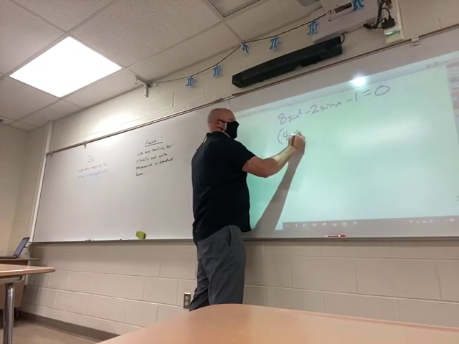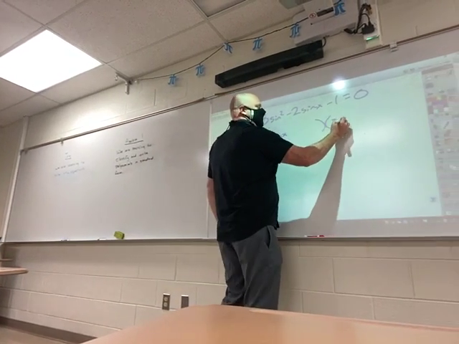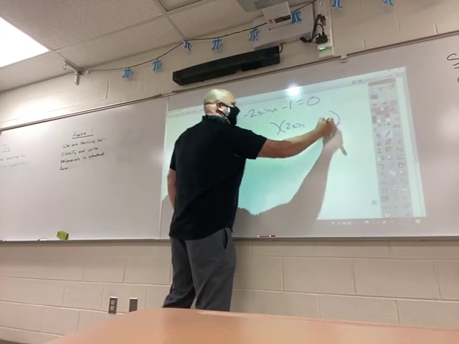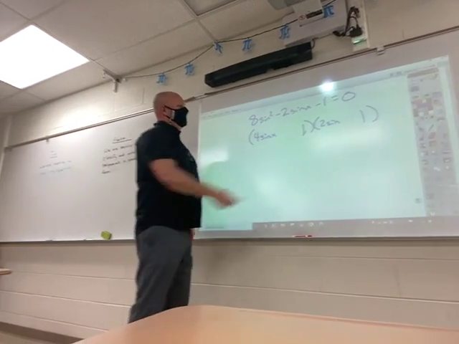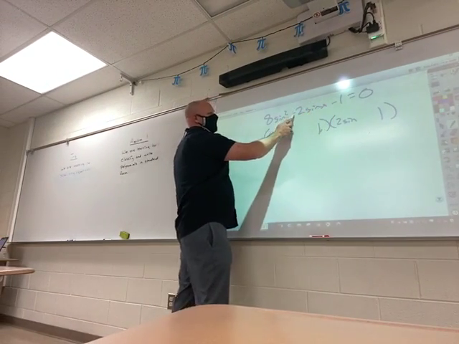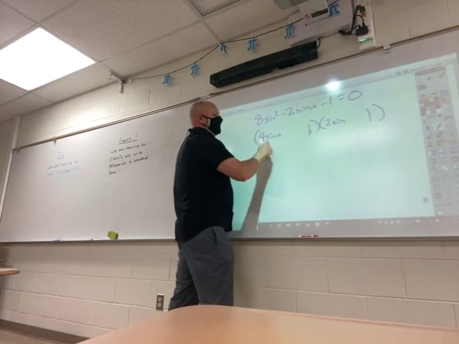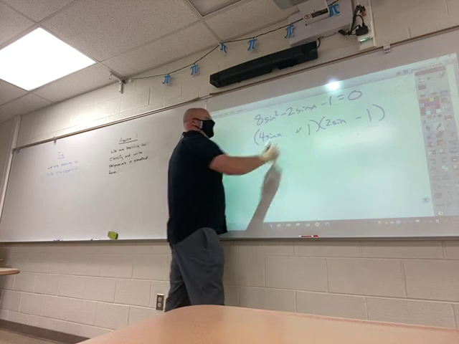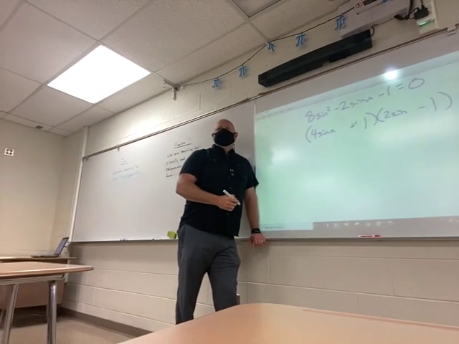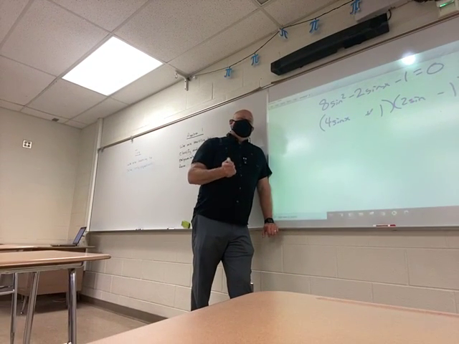So that's 4 sine, 2 sine, 1 and 1. The signs have to be different, and the bigger one has to be negative, so I need the 4 to be the negative, the 1 to be the positive. That absolutely does factor.